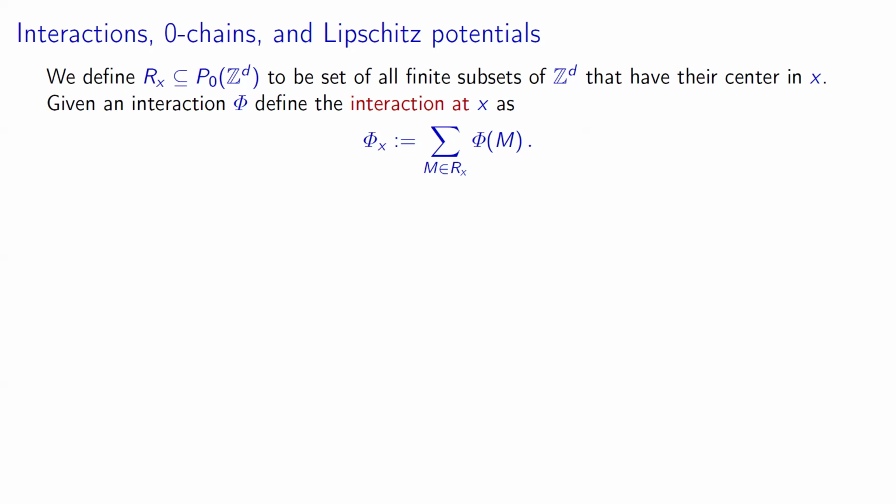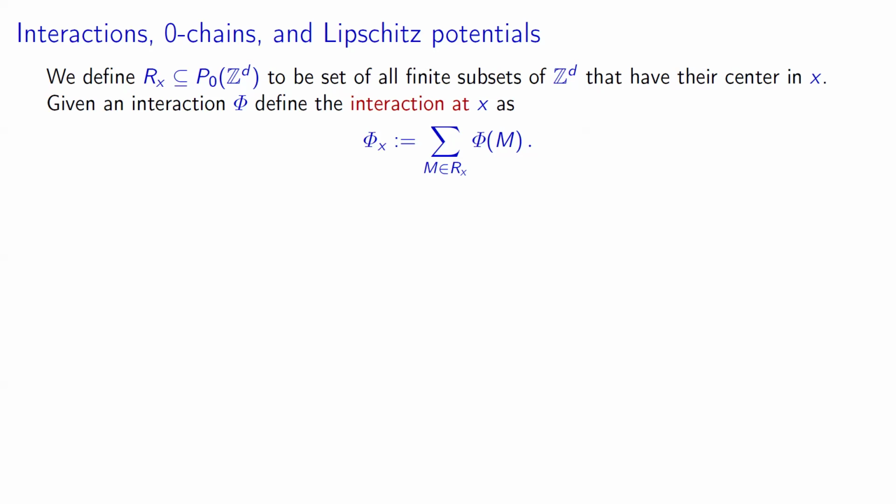Exactly. And then I get a partition of all the finite subsets into sets that are located at a specific x. This allows me to now define the interaction at x. There is some arbitrariness, or maybe a lot, but it will be useful.